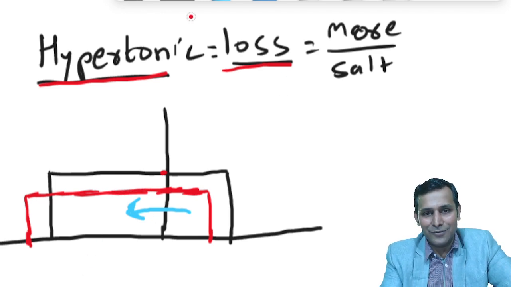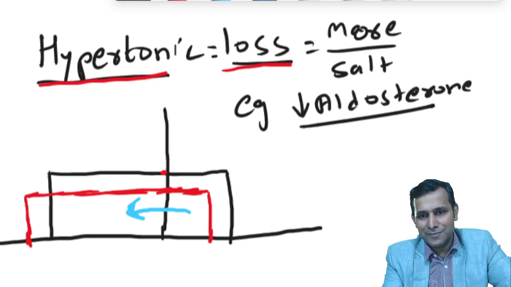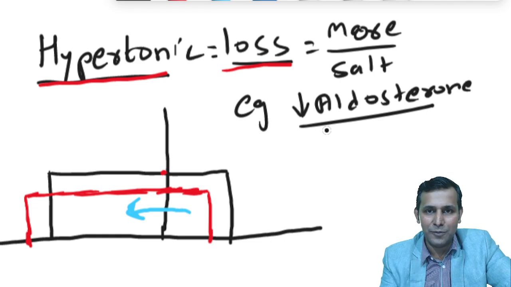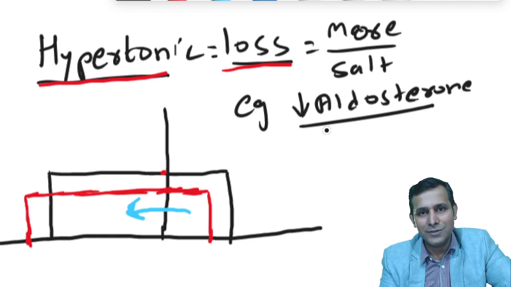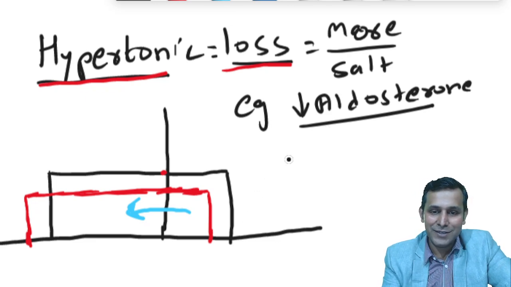So what will be the example here? Example, decrease in aldosterone. The hormone aldosterone decreases, which causes a decrease in sodium reabsorption. There will be more sodium loss, salt loss, and the water remains. So what are the changes here?